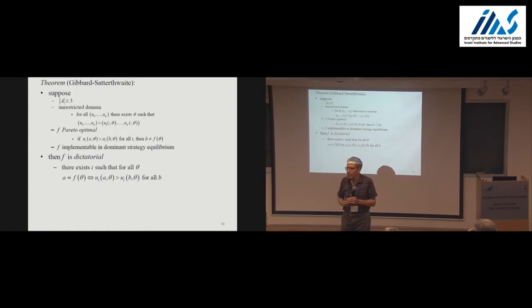All right. Let me put it this way. Suppose there were 3 alternatives. So A consists of 3 alternatives. In that case, there are 6 possible strict orderings. The Gibbard-Satterthwaite theorem says if all 6 strict orderings are possible, then you get a dictator.